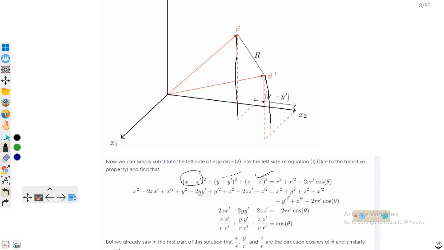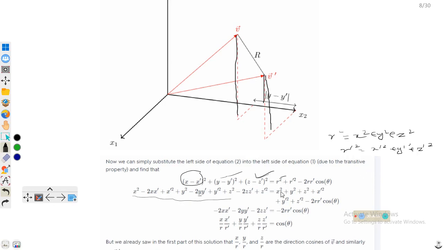Some terms will cancel on the left and right sides. We know that r square is equal to x square plus y square plus z square, and similarly r prime square is equal to x prime square plus y prime square plus z prime square.